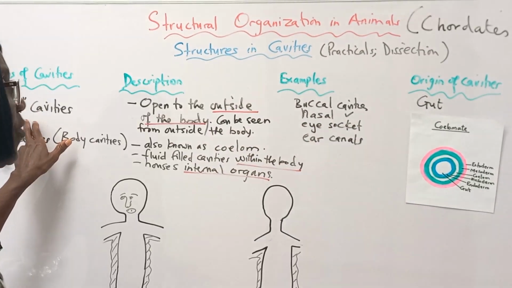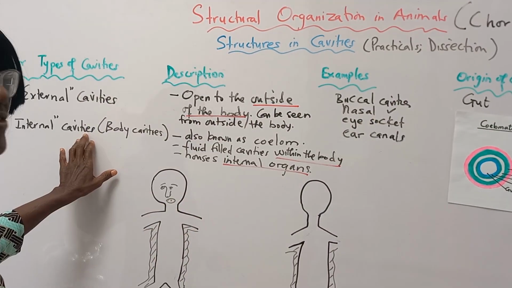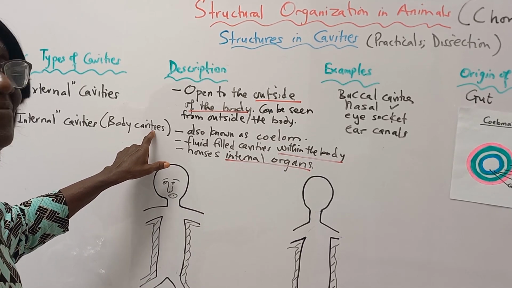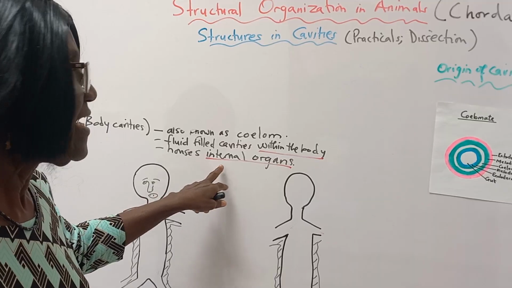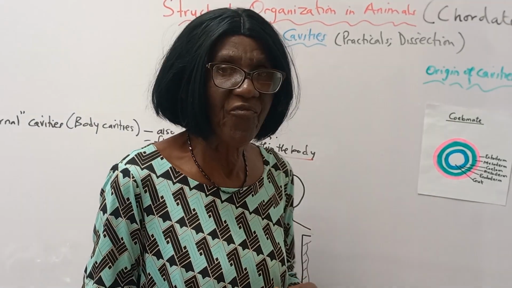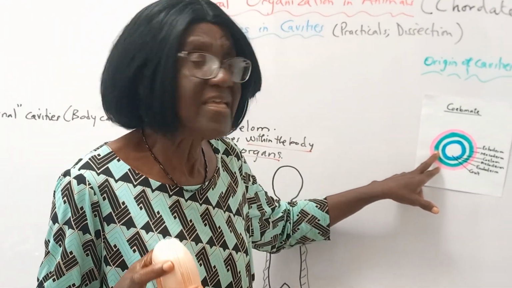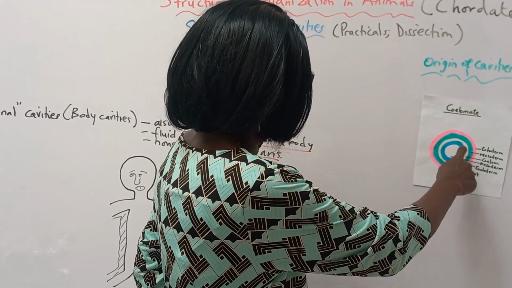Good. Now we want to forget the external cavities and concentrate on the internal cavities, also known as body cavities. The body cavities are within the body. They house internal organs. What is the origin of the body cavities? The origin of the internal cavities, that's the body cavities, is the coelom, right?